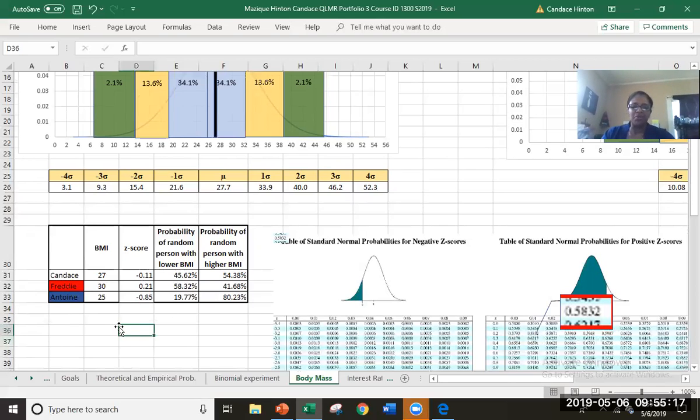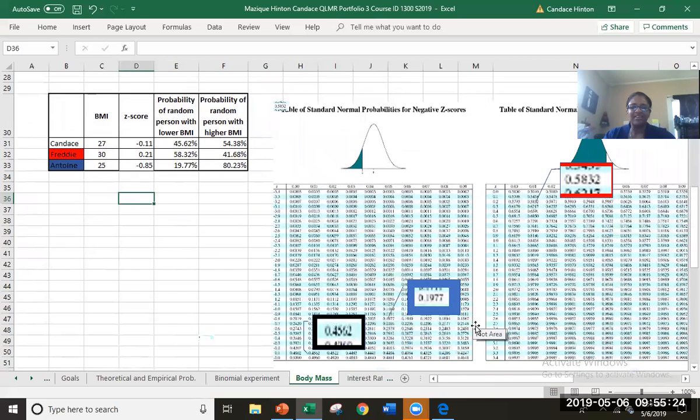As I did our numbers, it was kind of strange. It was very funny how this turned out. My husband ended up with a positive Z-score, whereas my son and I ended up with a negative Z-score.